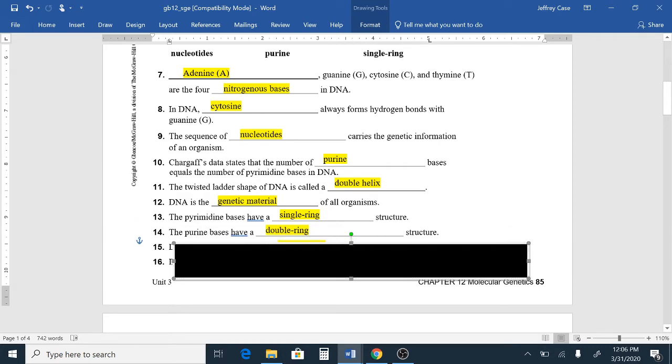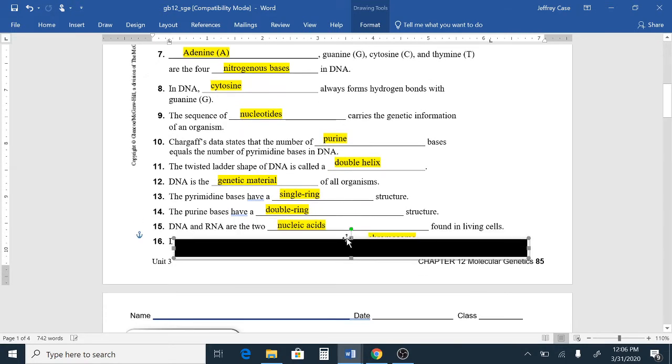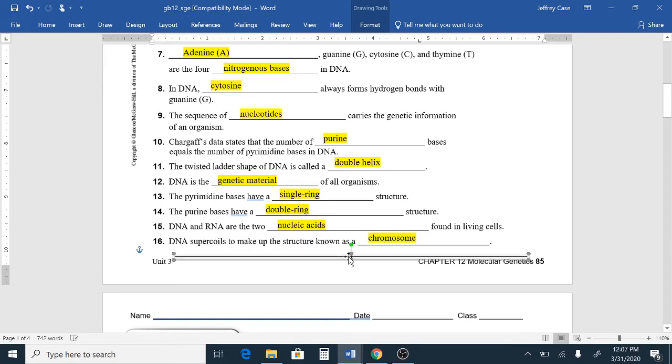Number 14, the purine bases have a double ring structure. Number 15, DNA and RNA are the 2 nucleic acids found in living things. And number 16, DNA supercoils to make up the structure known as a chromosome.